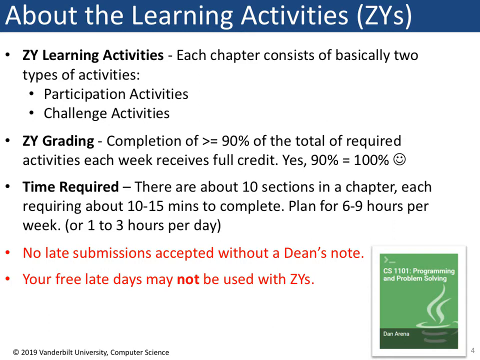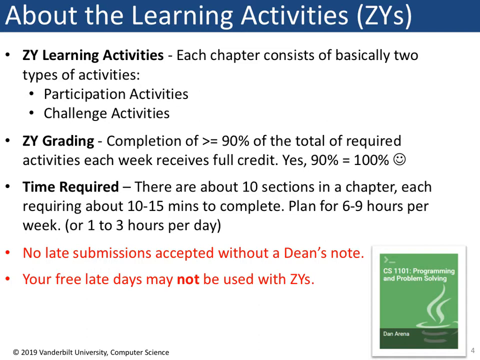The challenge activity is going to be something that tends to put into practice what you have been reading. The grading process, in this case, is all about completion. If you complete greater than or equal to 90% of the Zybook activity, you get 100. Anything less than 90%, and you get the grade that is shown in Zybooks.